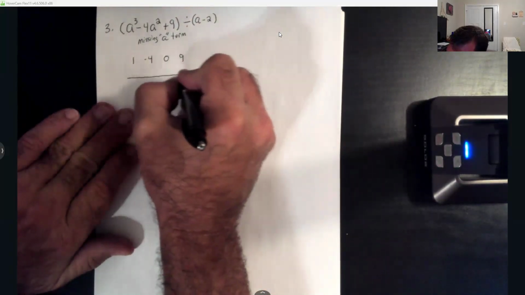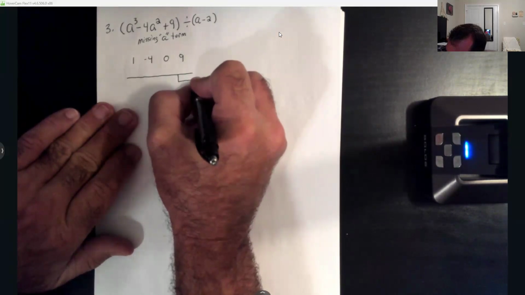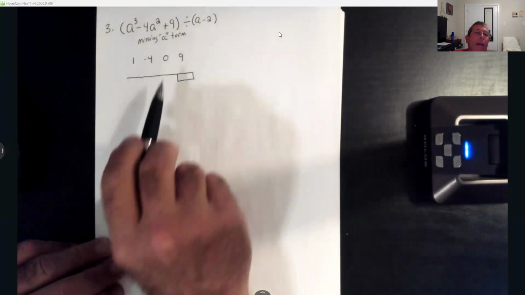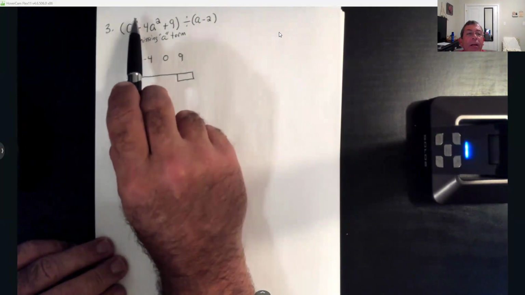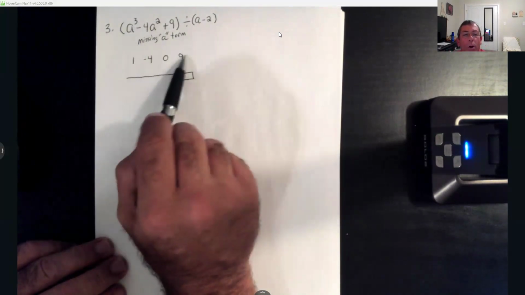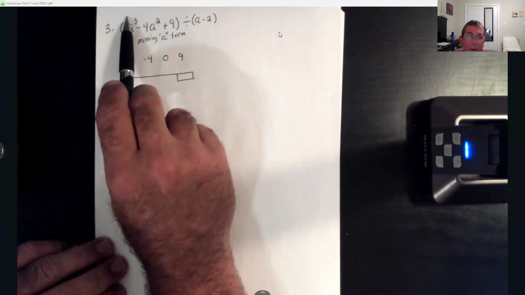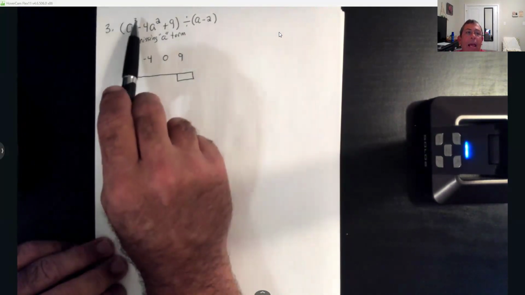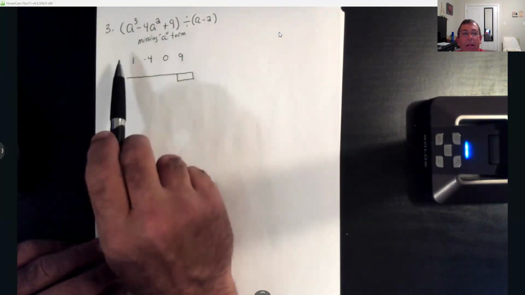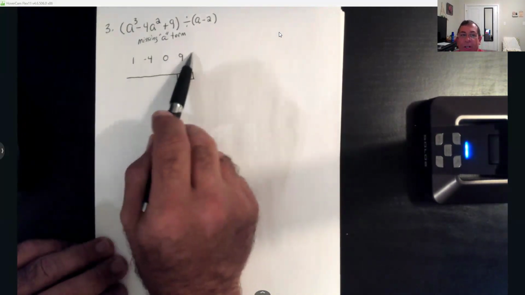I'm going to write my line and box under the last number. Okay, so if you got an exponent 3, you add 1 and you need 4 numbers. If you got an exponent 2, you add 1, you need 3 numbers.